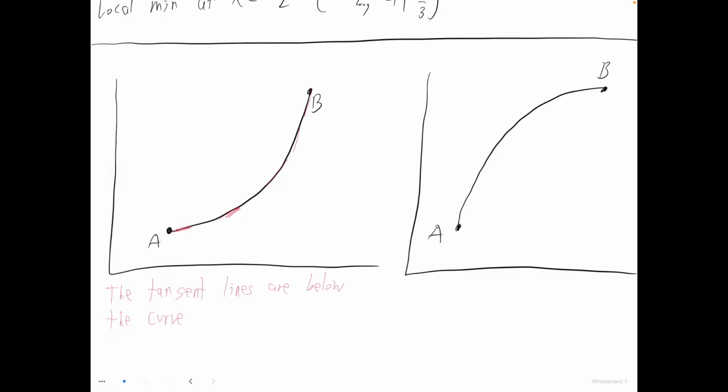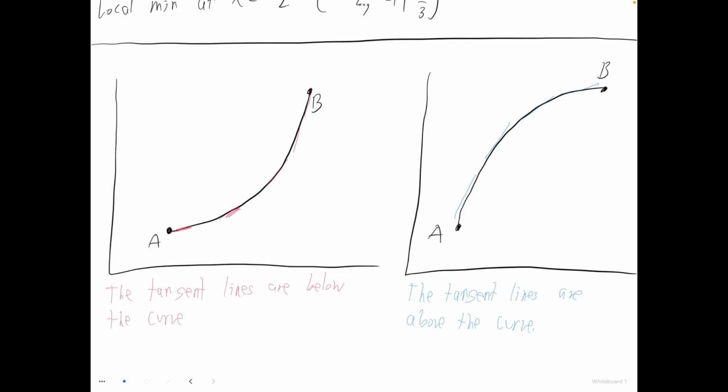If we draw tangent lines in the second one, all of our tangent lines are going to be above the curve. And so this is how they differ: they differ based on where the tangent lines lie.